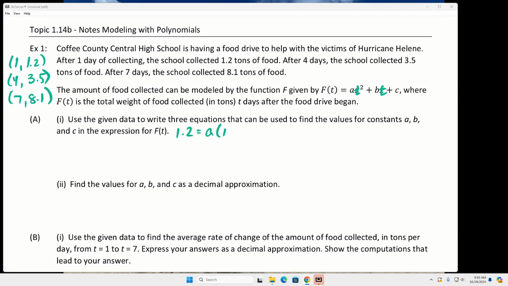T needs to be that input value that we used for that ordered pair. So that's one equation. The second equation, we're going to do the same thing. We just start with the output, and then put in our input for t. And then one more time.